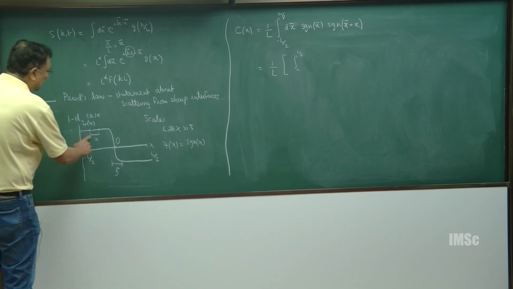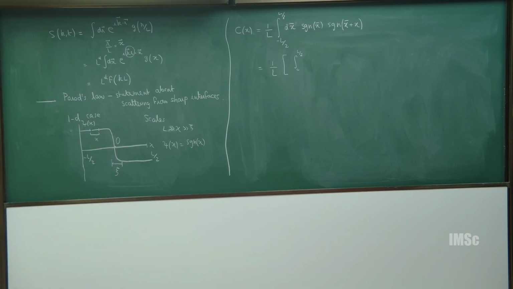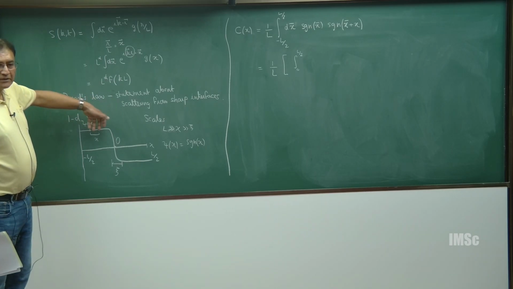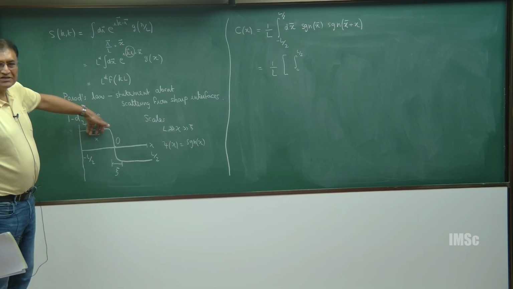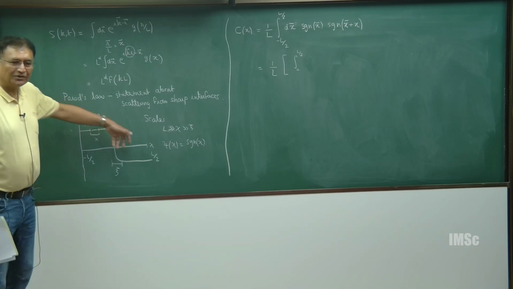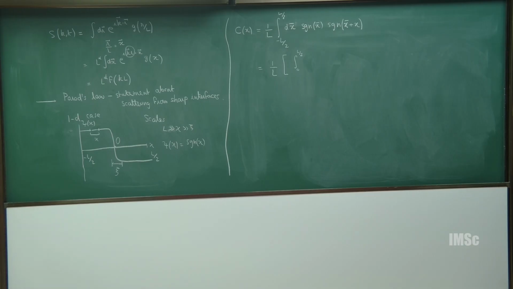Alternatively, if it's on opposite sides of the kink, you get -1 times +1. So it's like laying a ruler down and asking what is the probability that the ruler will end up on the same side of the kink or across the kink. And obviously that depends on the length of the ruler.